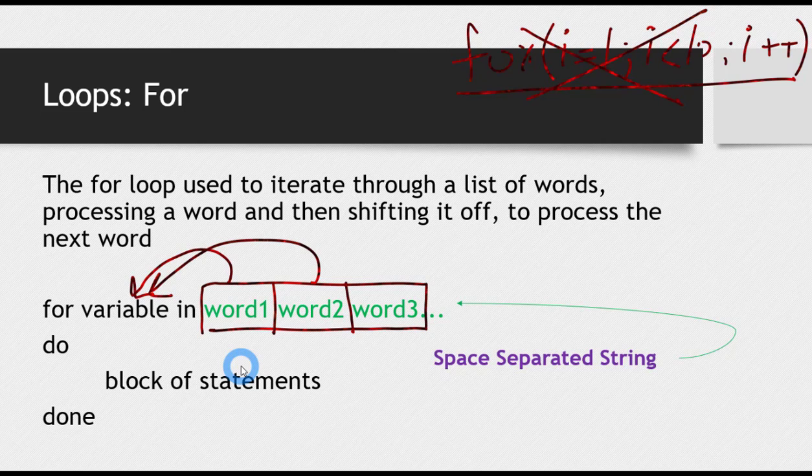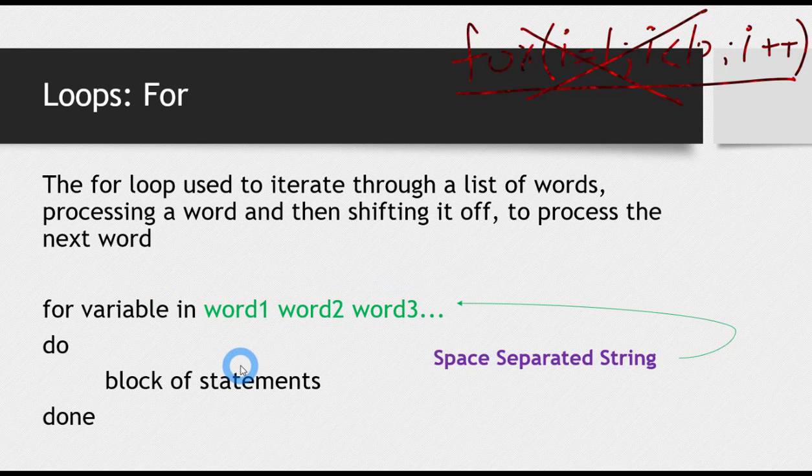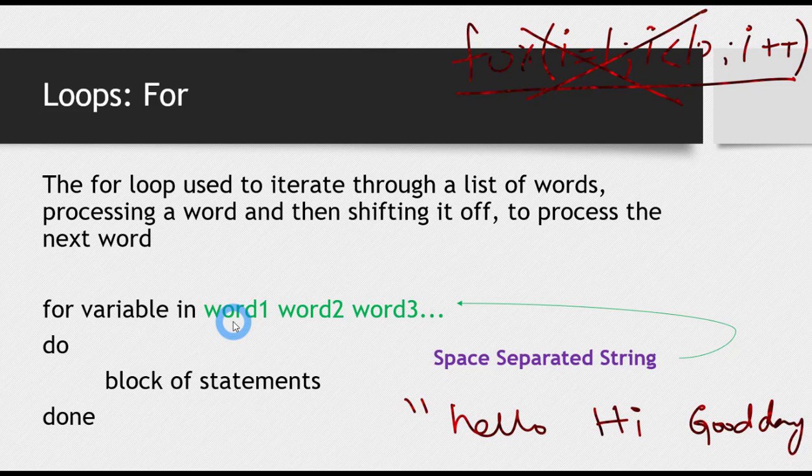And there is one more thing. This array which you are looking at right now is actually called a space separated string. This is actually a string. So what I mean is this. Let's say I have a string which has different greeting words. For example, hi, hello, and good day.